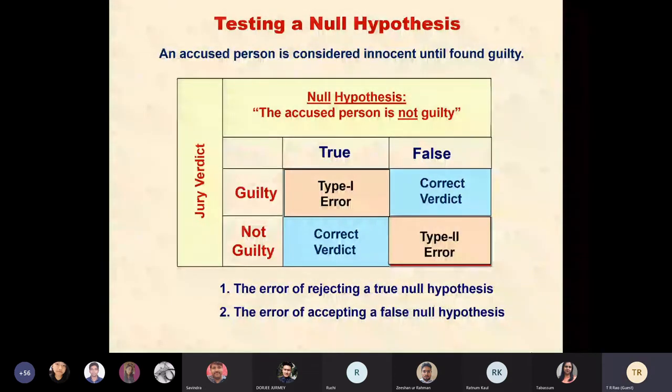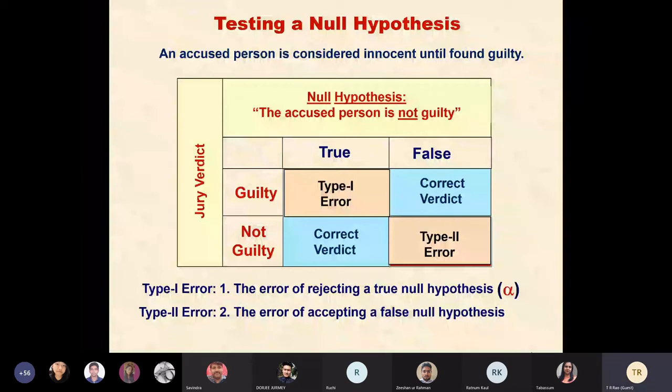They have symbols also. Type 1 error is alpha, and type 2 error is beta. In statistics, when you see alpha error, you know they are talking about type 1 error, that is, the error of rejecting a true null hypothesis. And beta is accepting a false null hypothesis.